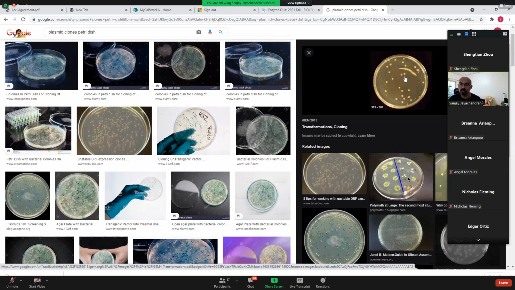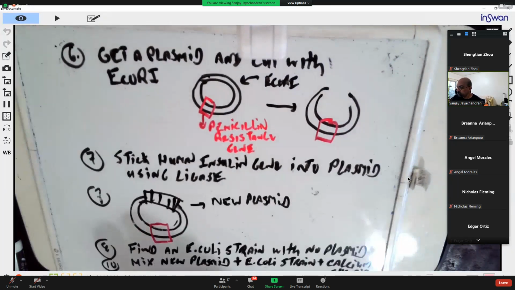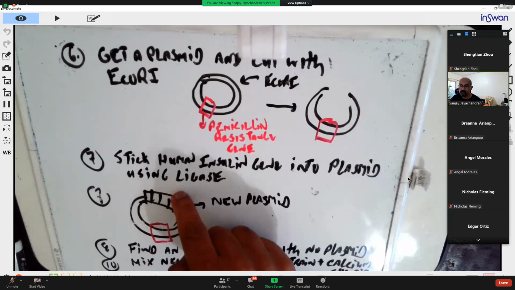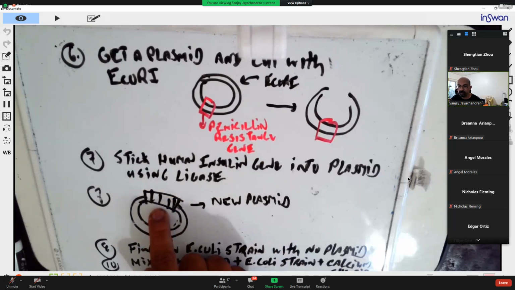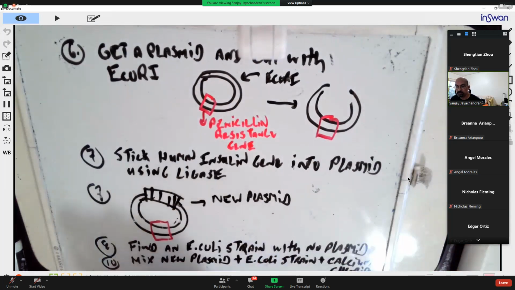So now here's the important point. Remember, these bacteria are also doing transcription and translation. So what's this gene that they're transcribing and translating? What was this gene on the plasmid?